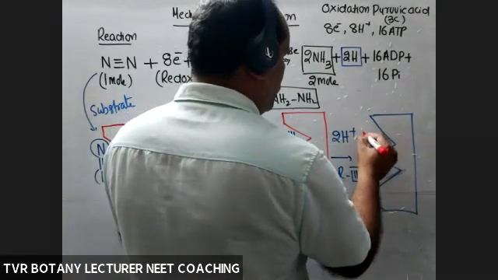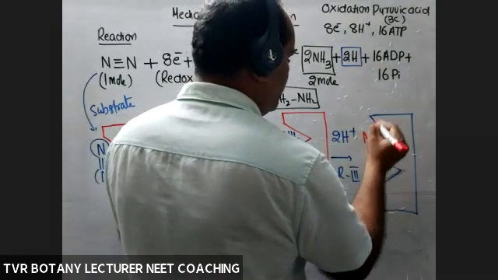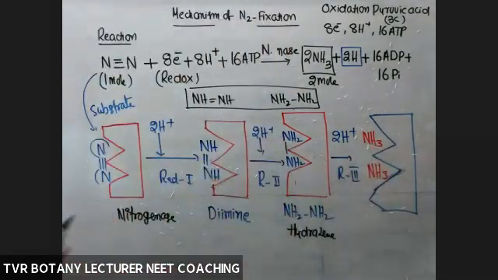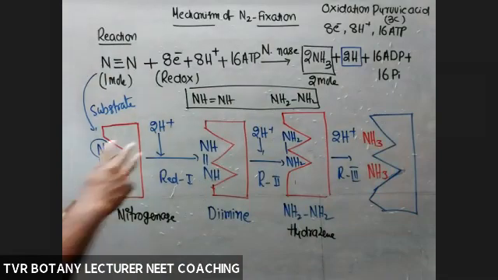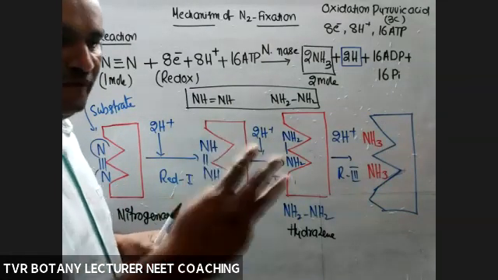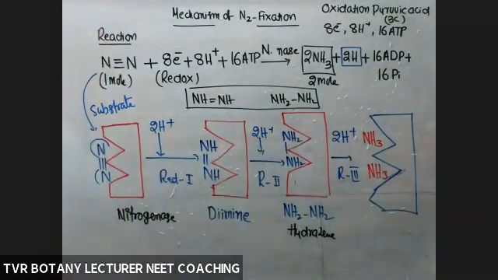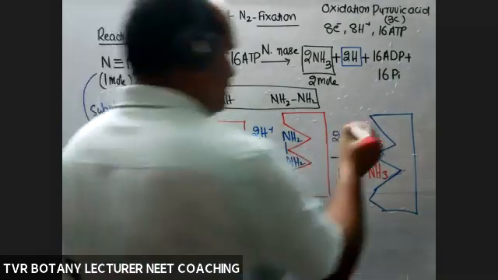Now nitrogen with three hydrogen atoms, 1, 2, 3. Three covalent bonds, removed by one. So this one is ammonia.